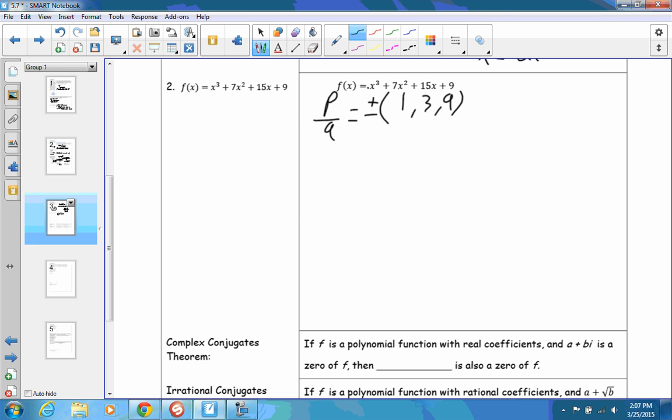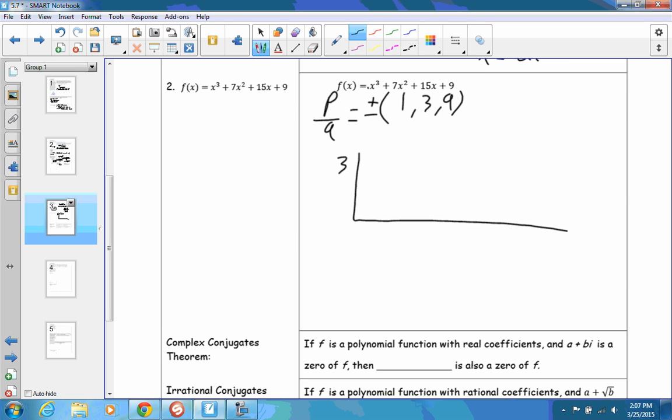What do you want to try? 3? You want to mix it up and do 3? Let's go negative 3 or positive? We'll do positive.